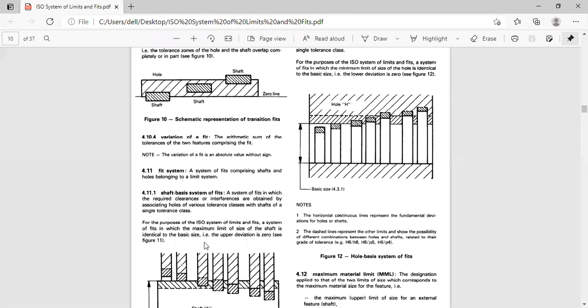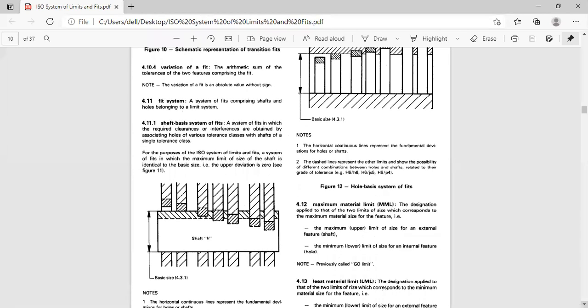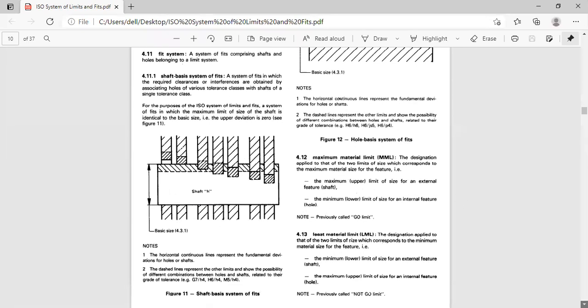Small h is equal to 0. Already we have shown this in the graphical representation before starting the problems. Here h is 0, which means h will be lying on the zero line. That is a very important concept you have to know.